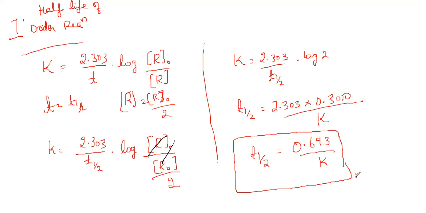Okay, so here we observe there is no R naught in the final equation, which means there is no initial concentration. Therefore, we can say that the half-life of a first order reaction is independent of the initial concentration of the reactants.